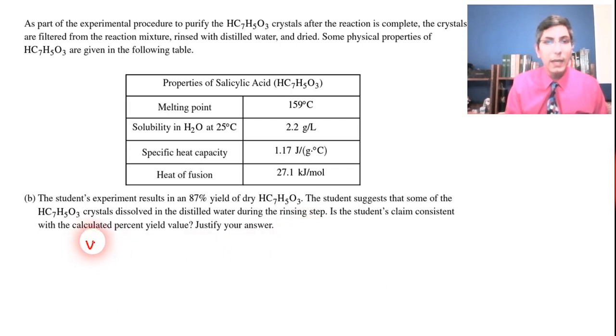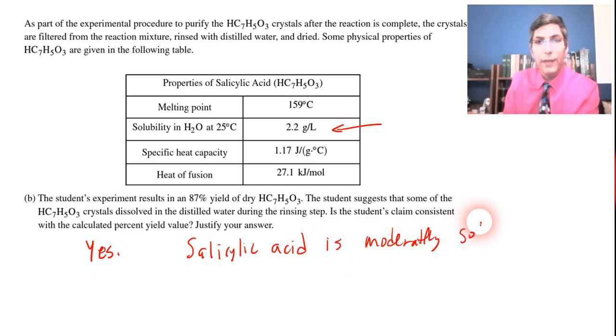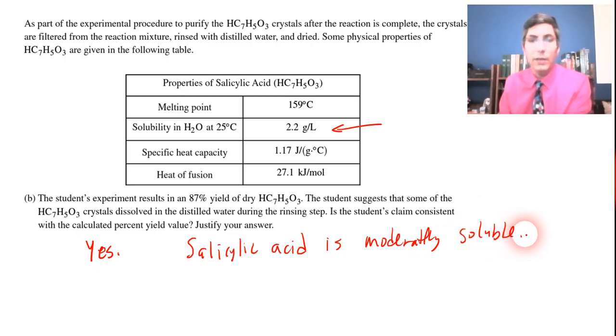I would say yes. And maybe someone will prove me wrong later on, but based upon what we see in the table here, it looks like salicylic acid is moderately soluble in water. So I believe that tells us, 2.2 grams per liter, it'll dissolve a little bit.